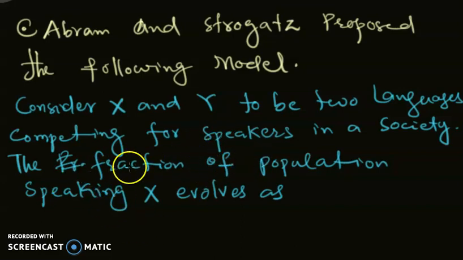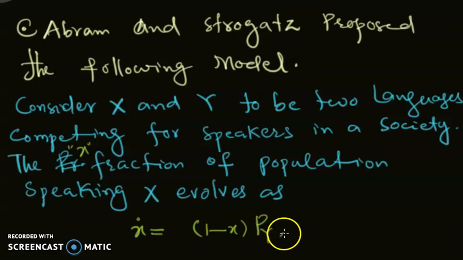Here, the small x fraction of population speaking X evolves as x dot equals (1 minus x) times capital P sub yx minus small x times P sub xy. So this small x is the fraction of the population in the society who speak the language capital X.